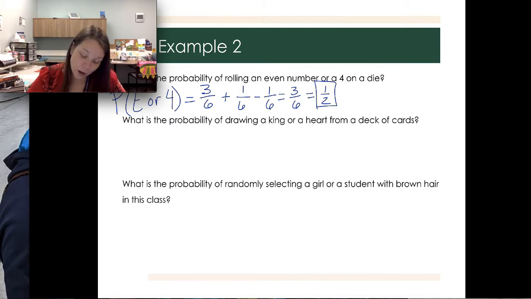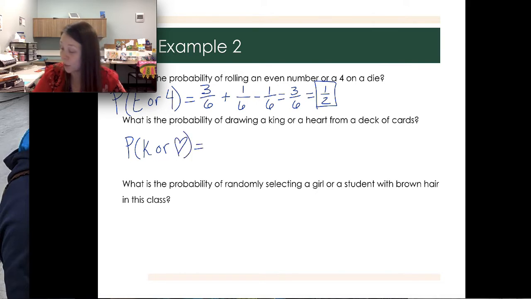All right, the next one says, what is the probability of drawing a king or a heart from a deck of cards? Well, the number of kings in a deck of cards is 4 out of 52. The number of hearts in a deck of cards is 13 out of 52.